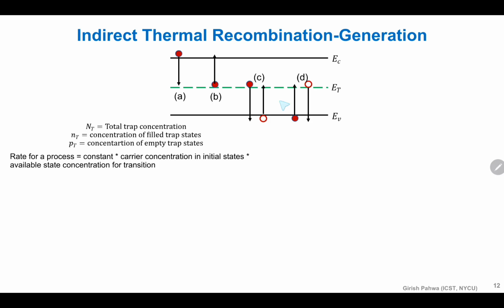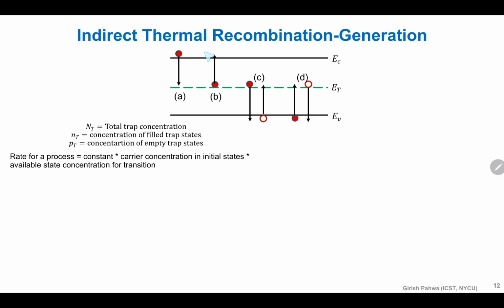The other processes don't directly affect the conduction band electron concentration, because that is a transition between ET and EV, nothing to do with the conduction band. Indirectly they can affect it, but directly no.